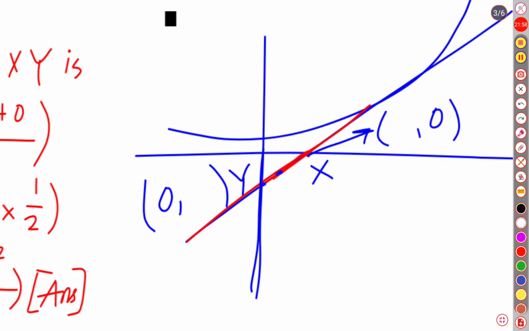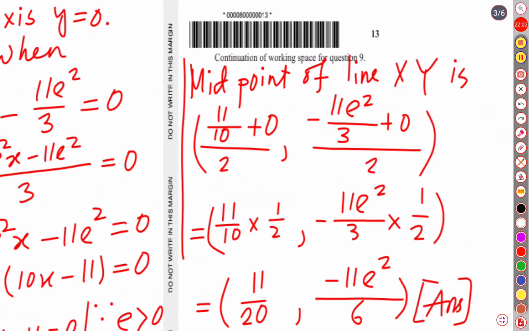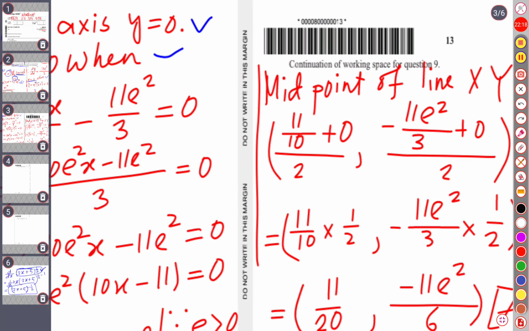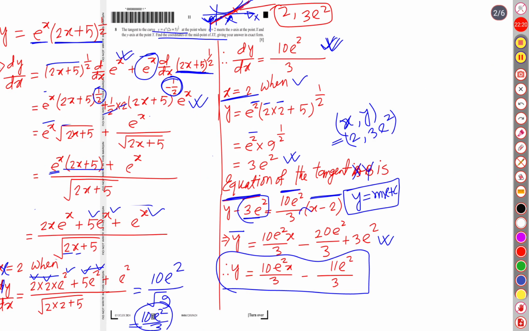So let's see how we can find it. On the x axis, y is always 0. We have written here that on the x-axis, y is equal to 0. So y equal to 0 in our equation. Have we forgotten our equation? Let me show you. What was our equation?